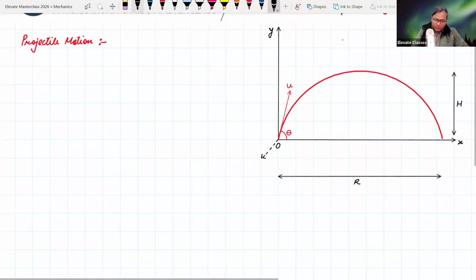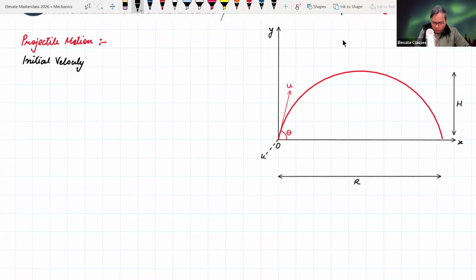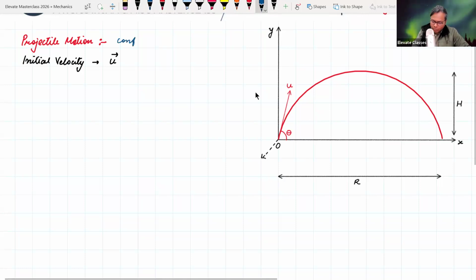Okay. So if you look at the projectile motion, some of the things are already predefined. So if I say initial velocity, what is the initial velocity? U. Okay. Now, when I say initial velocity, first of all, the projectile motion is confined to a 2D plane. Okay. Confined to 2D plane. Matlab the simplest projectile motion. I'm not talking about the banana kick of Ronaldinho or Messi or somebody.